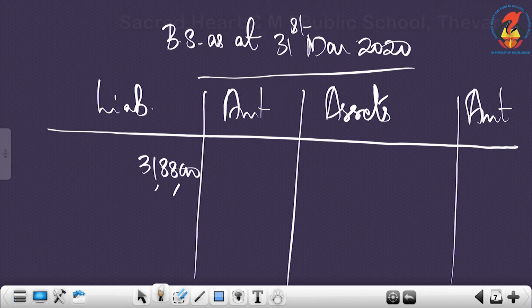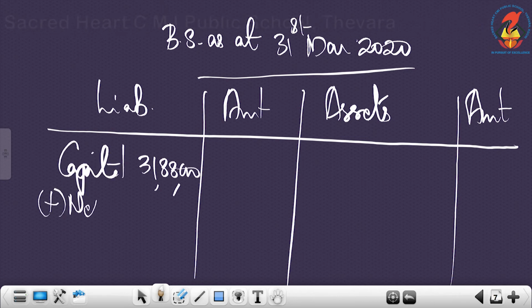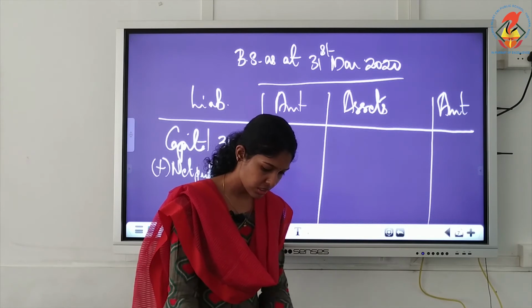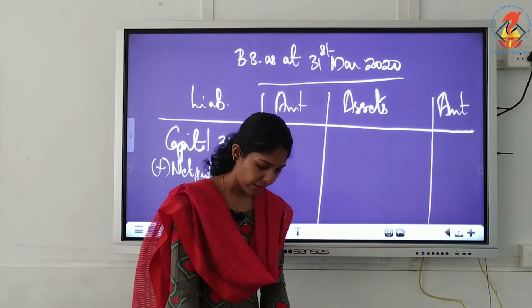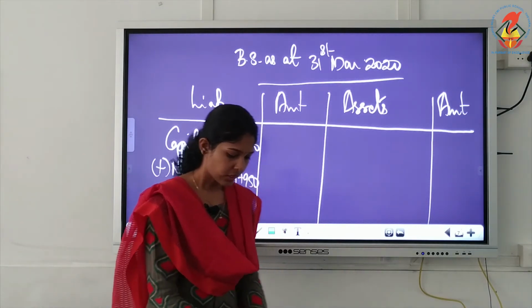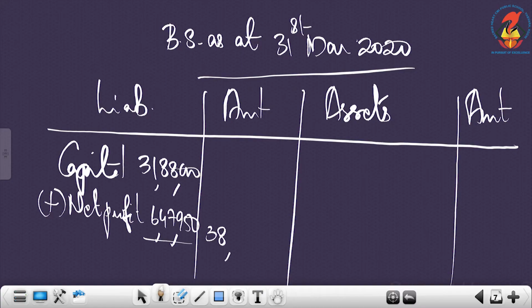With that we have to add net profit and less drawings. Here the net profit is 6,47,950. Then see whether you have drawings in the question. In this particular question we don't have a drawings figure, so you don't have to take anything. 38,35,950 you can write in the outer column.